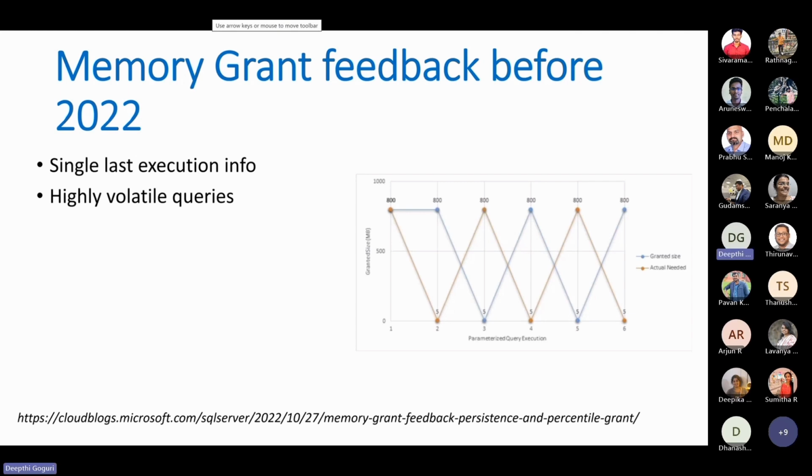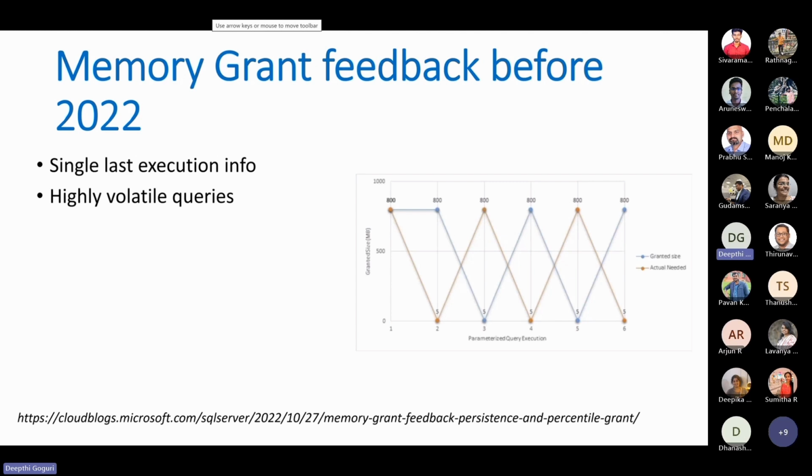It captured that information. Next time the query runs with a different parameter, it looks at the last execution, which used 800 MB, but currently it only requires 5 MB.